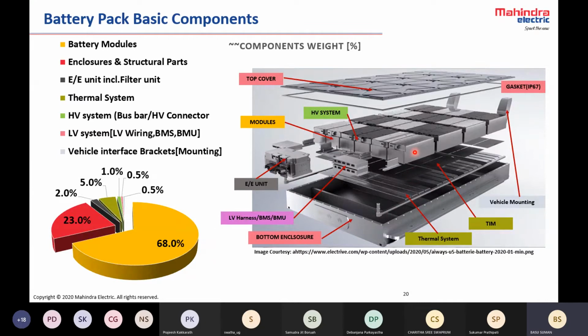Between the battery module and the cooling plate, you have something called a thermal interface material. Why? Because this is a metal, this is another metal, and metal to metal contact is not so good. There will be a lot of air gap inside. That would mean the flow of heat will not be so good.